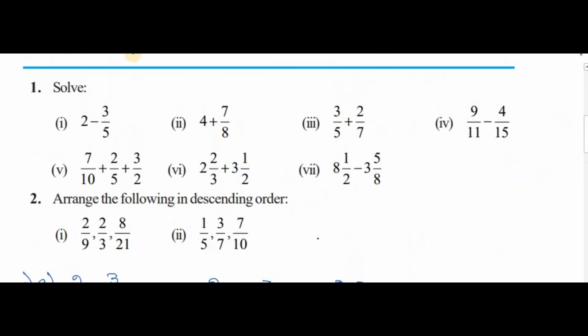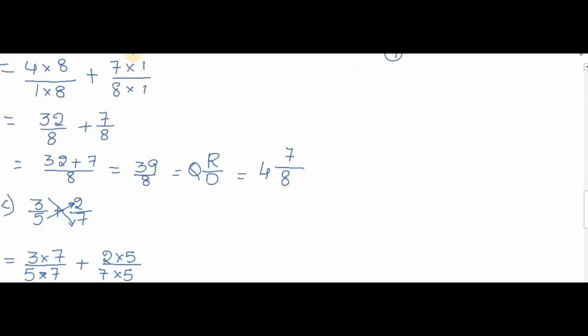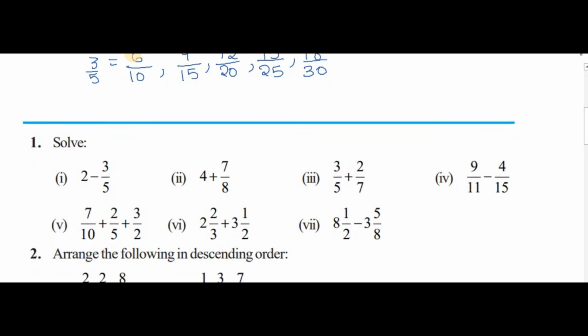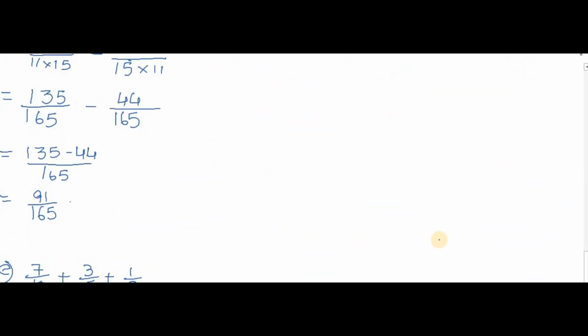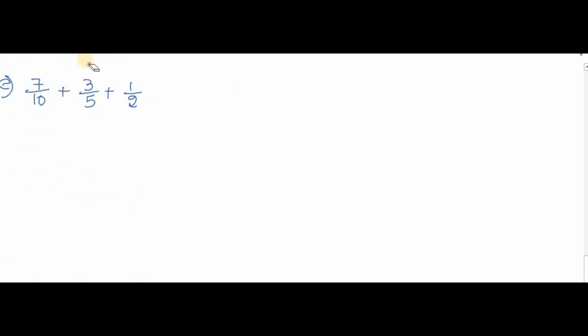I think some mistake is there. I'll change that. 2 by 5 and 3 by 2. This one is wrong. 2 by 5 and this is 3 by 2.